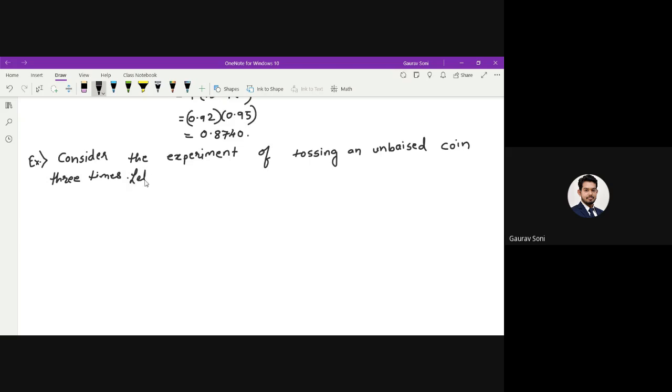Let Ai denote the event that a head turns up on ith toss.